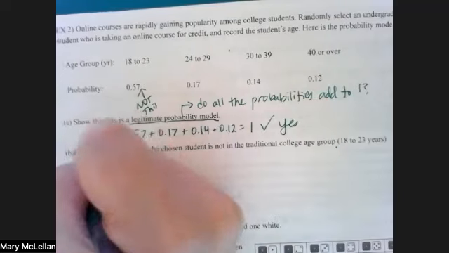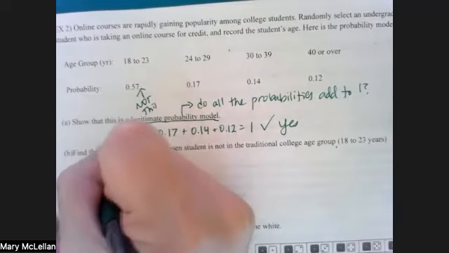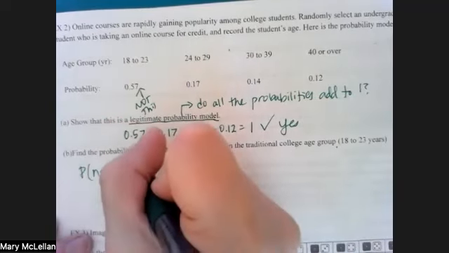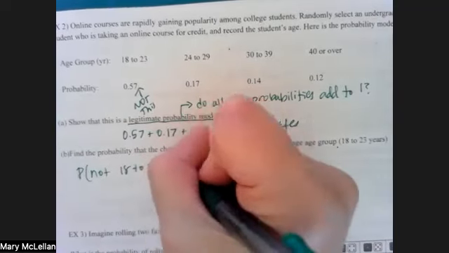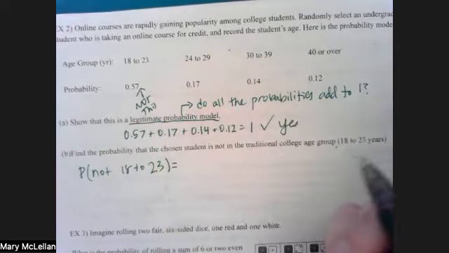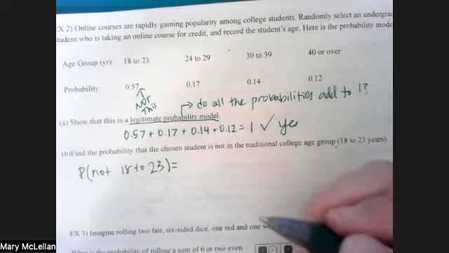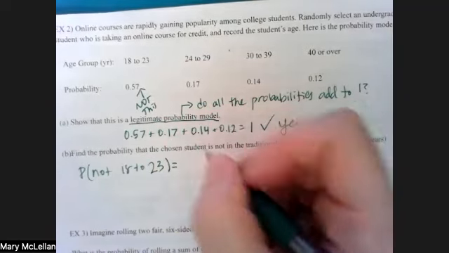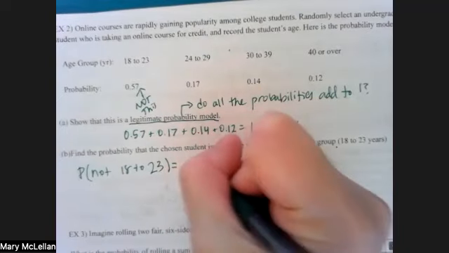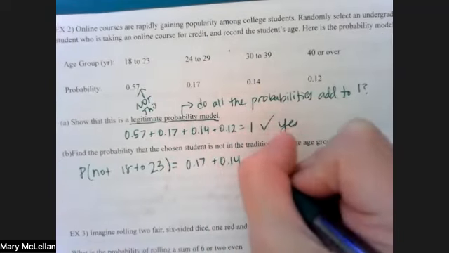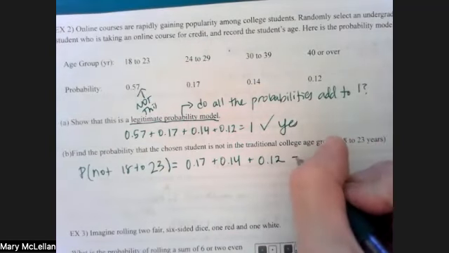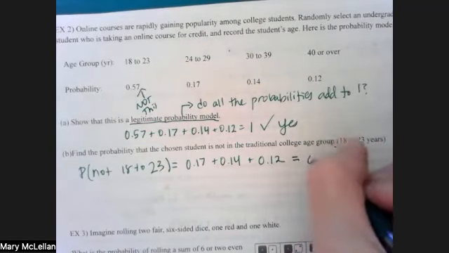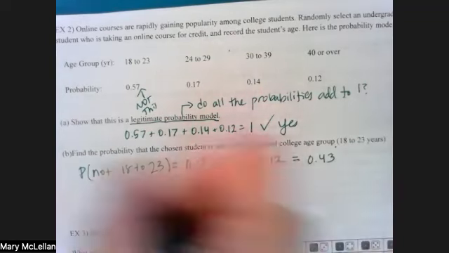The probability that somebody is not 18 to 23 is going to equal, and there are 2 ways to do this. I'll do this the direct way, and then I'll use a complement. It equals 0.17 plus 0.14 plus 0.12, which is 0.43.